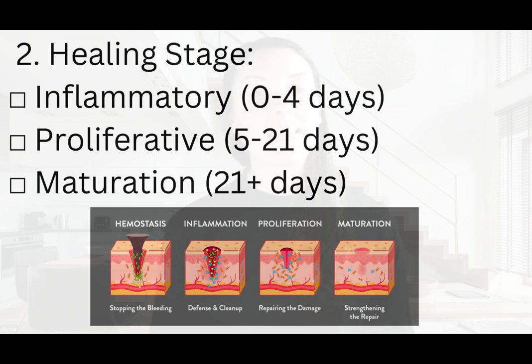Now, the problem is with chronic wounds, a lot of times they are stuck in this inflammatory phase and they don't get over to the proliferative phase where we have that repairing of damaged tissue, where we further go on to maturation, where we have strengthening and repairing of the new tissue. So it's really good to know your stages and to recognize what stage the wound is in, and if we're getting into that chronic wound kind of category state.